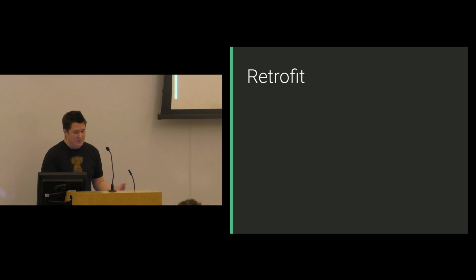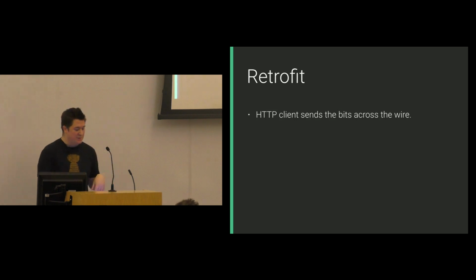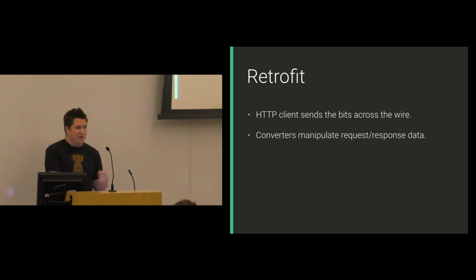Okay, so Retrofit, a lot of people immediately see the value in abstracting away the APIs that you're talking to, but there's so much more than that. There's the HTTP client, which controls the bits being sent across the wire, and that's a customization point. There's converters, which are the things that actually take those bits and turn them into Java objects. That's a great customization point in both directions.